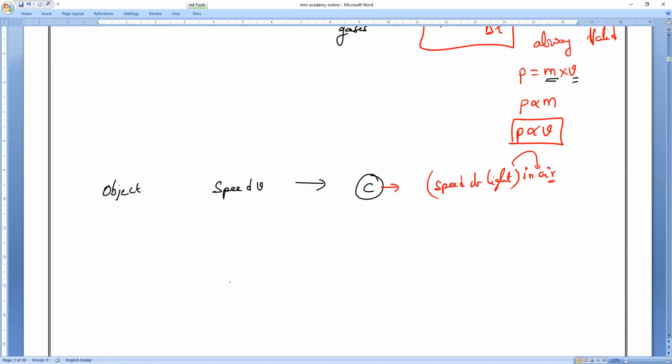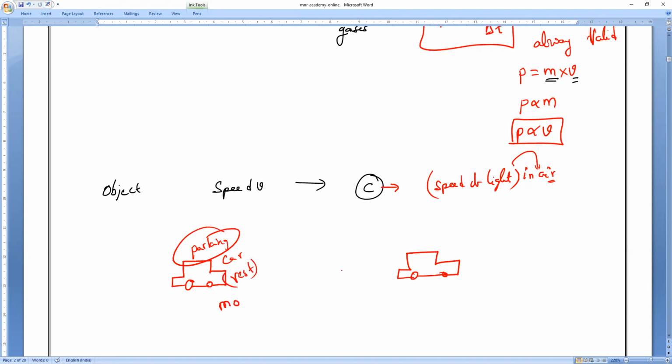Then you remember, when I parked my car, and not just a car, any object, when it is stationary or at rest, its mass is m0.